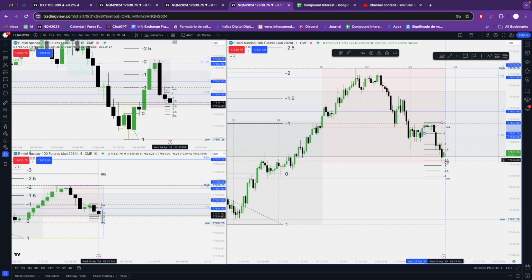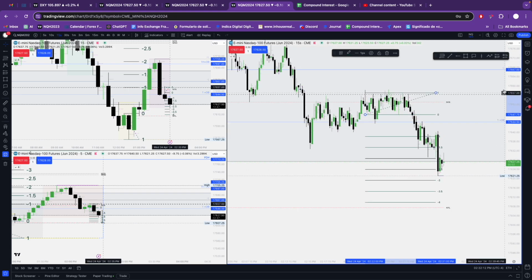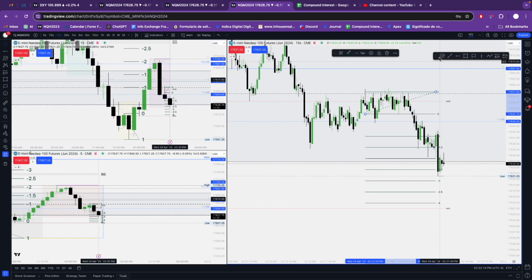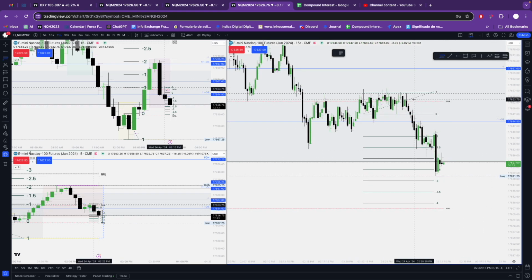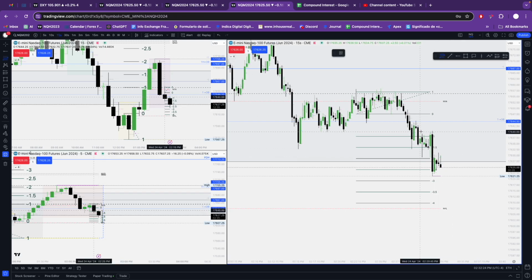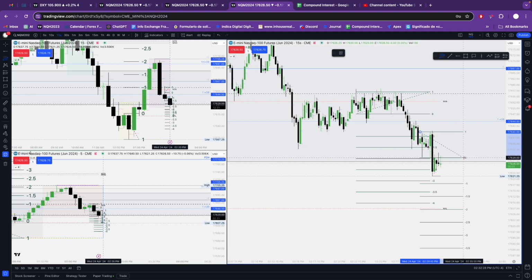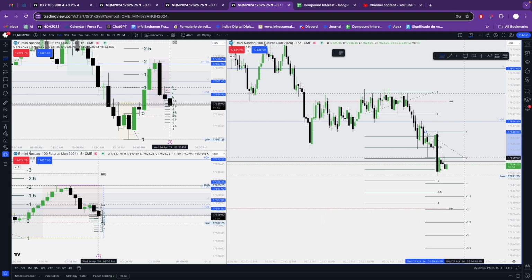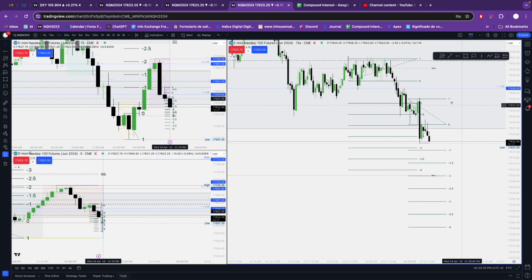2.5 is here. Now what do you want to see on a lower time frame? A fair value gap coming out of that. That's our displacement leg. Here's another. Nah, we don't get much there. But we have this last one here. Yeah, we're way off of that, so probably still got some more room to go.